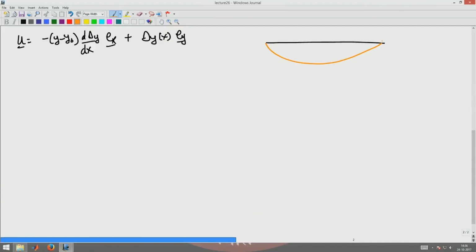Then a section which is perpendicular to the axis of the beam initially will remain perpendicular and will remain plane. So, basically the tangent line to this neutral axis and this section make 90 degrees.